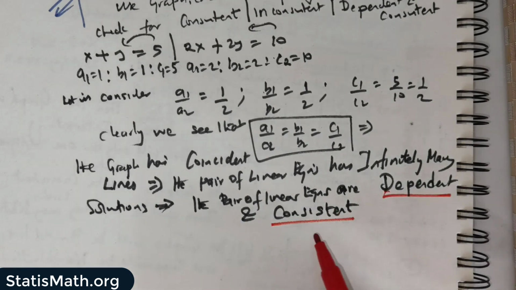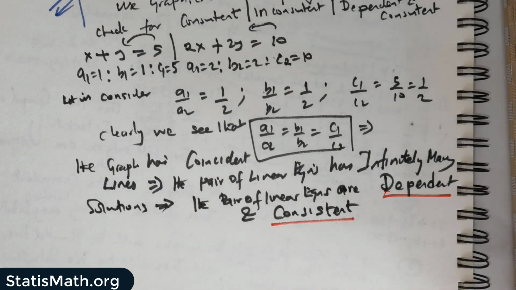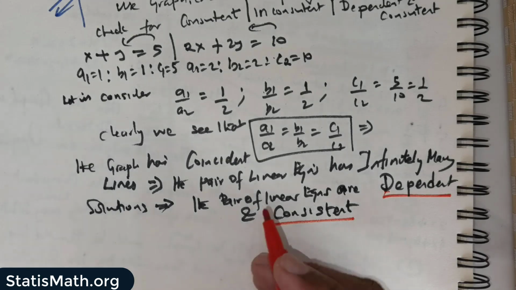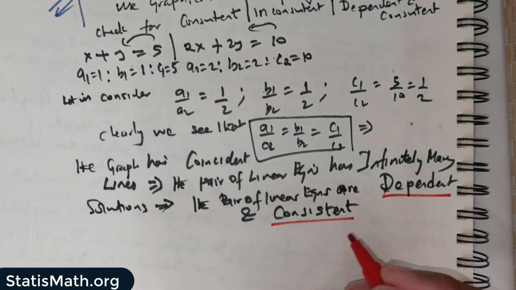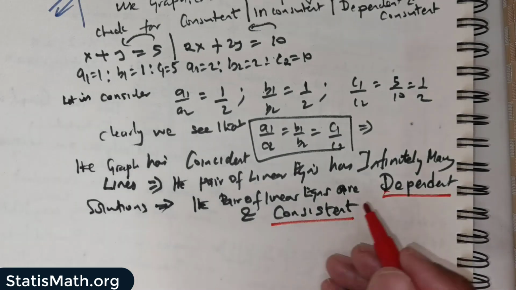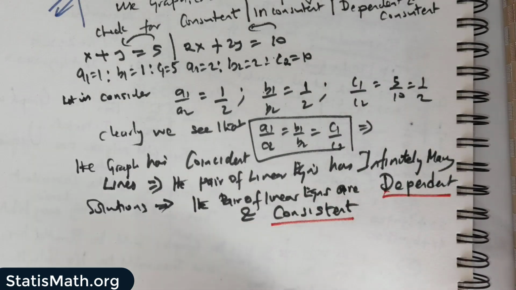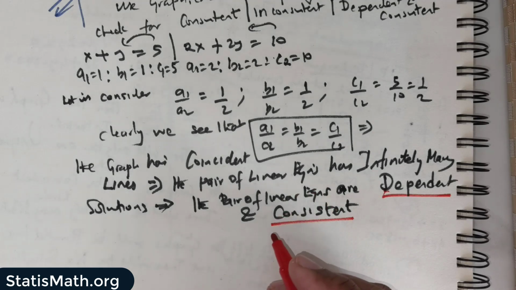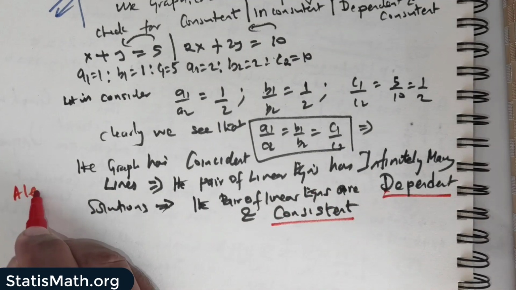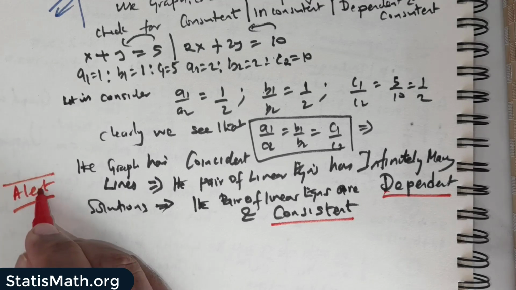If they only have consistent and inconsistent options, what can we do? We cannot go and explain that there should be another term called dependent and consistent. All we can do is just tick the option. So be alert. That is what you have to know.